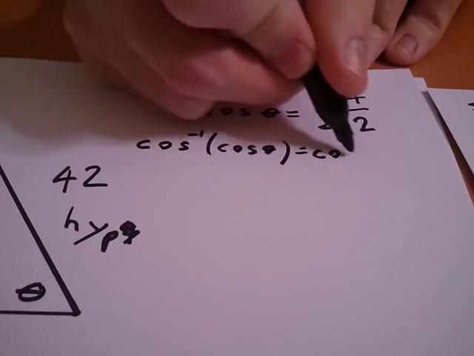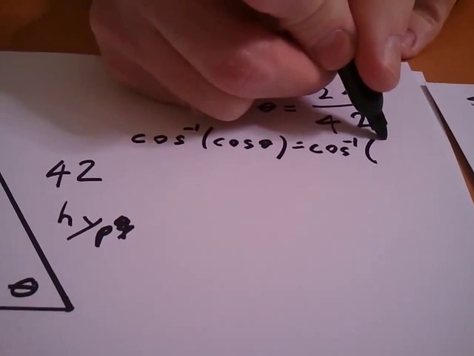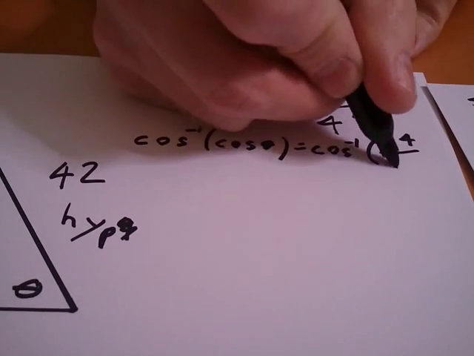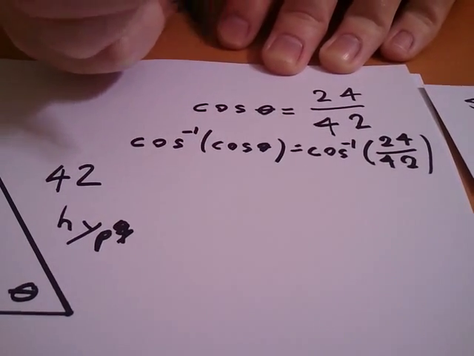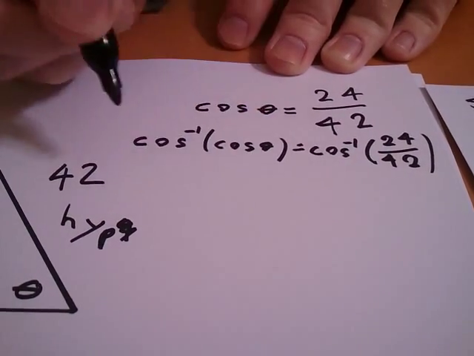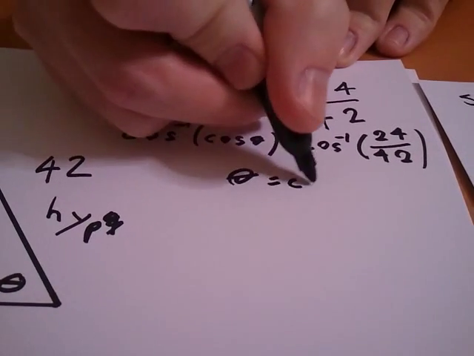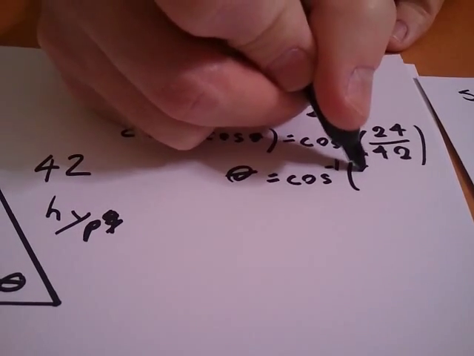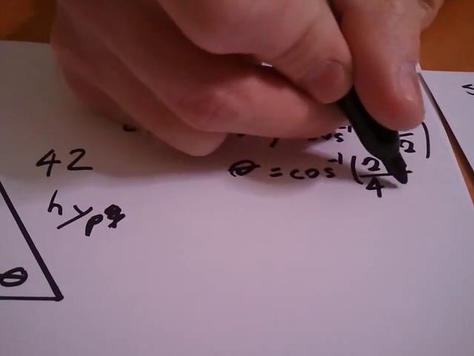This is going to equal the inverse cosine of 24 over 42. Because this will allow us just to get theta equal to the inverse cosine of 24 over 42.